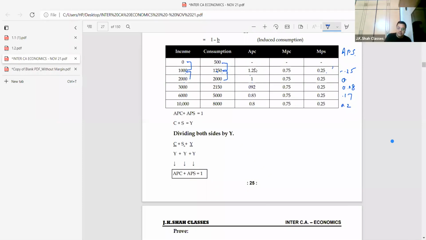This is 1000. 0.75, 0.25. Now please you all go through it fast. There is one correction to be made over here, this has to be 2750, no? 2750. Make that correction.